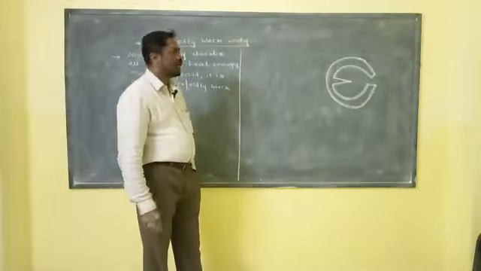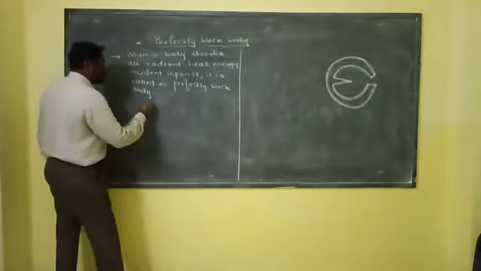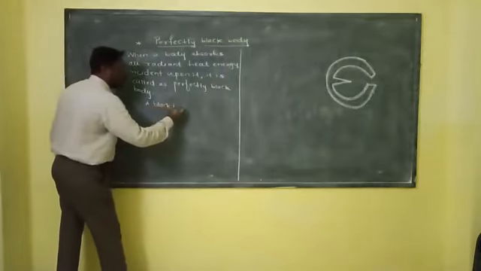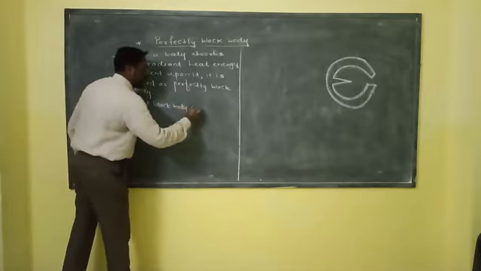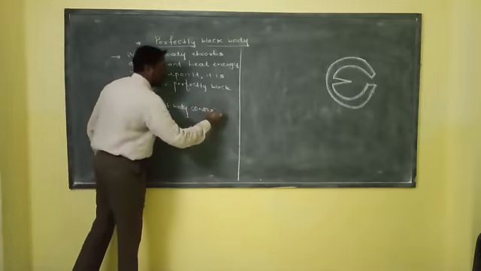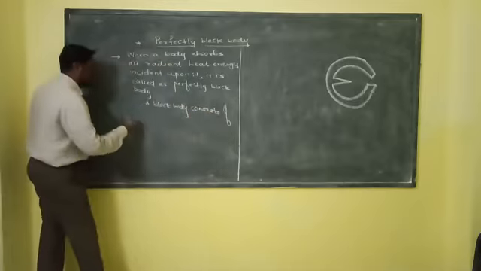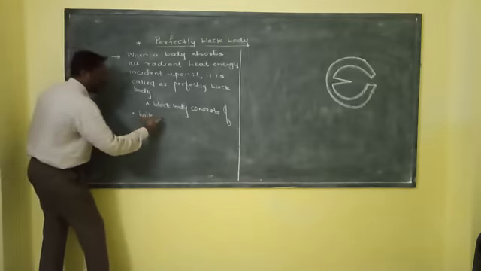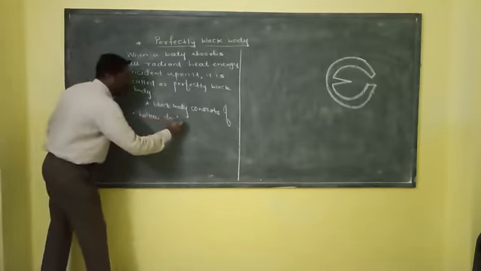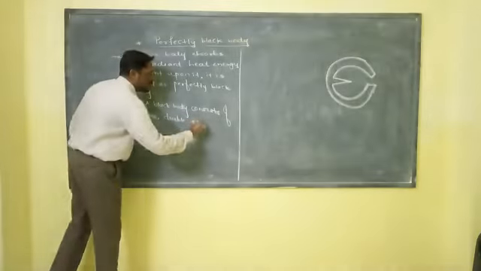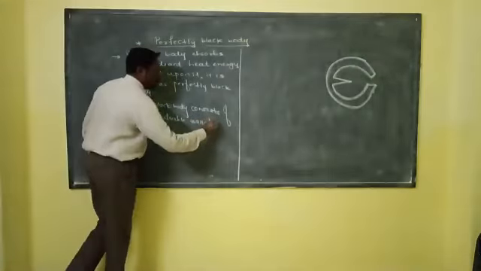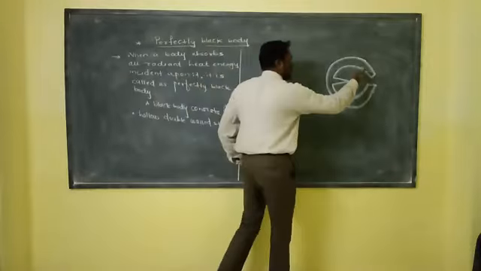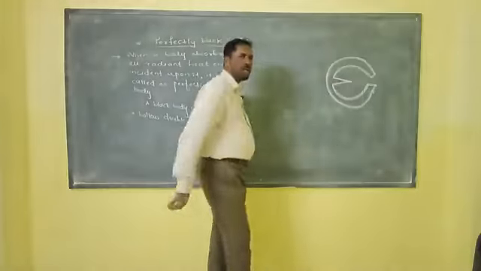What we are observing is that a black body consists of a hollow double-walled sphere. Hollow means completely empty.